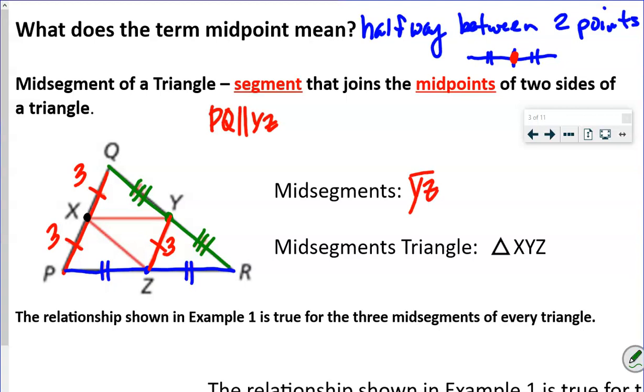So now let's keep talking. Notice again, we have PR, and we have PZ is congruent with ZR. So this right here would be the midsegment that is parallel. So PR is parallel with what? XY, right?